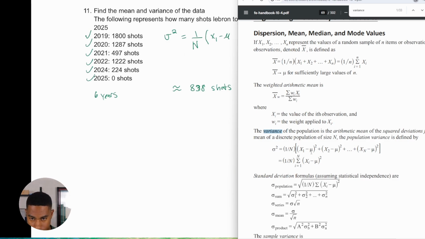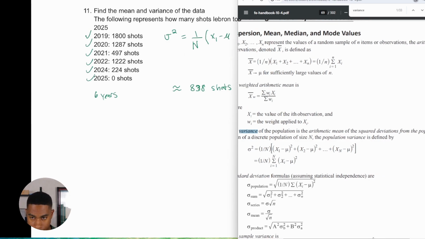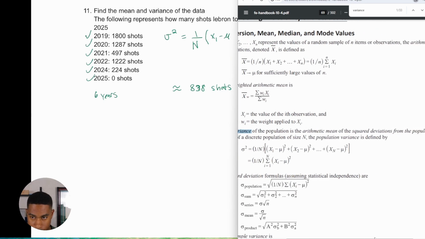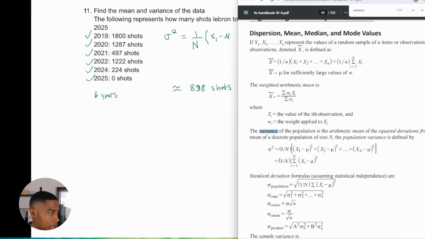And so minus that mu, which is the arithmetic mean, which in our case is 838 shots. Okay, and we want to do that squared. And we want to do that for all the numbers, right? That's what this is saying. So you want to do it for x2, x3, up to x n, however many of them there are. So in our case, we have 6.